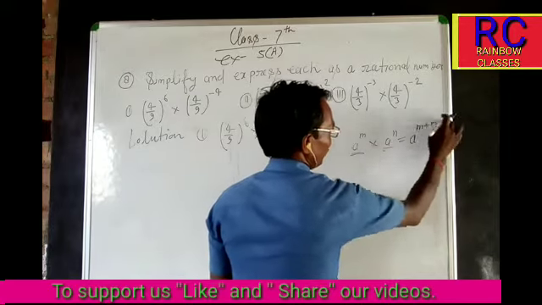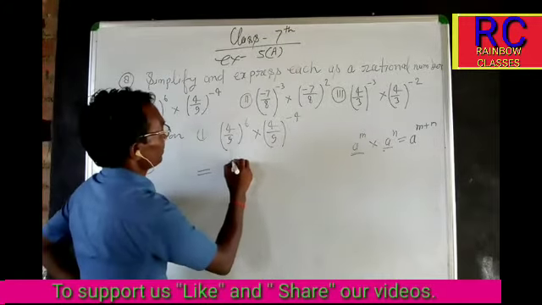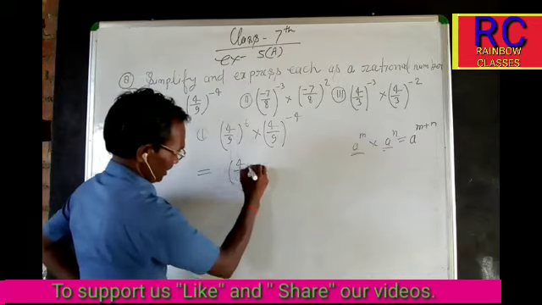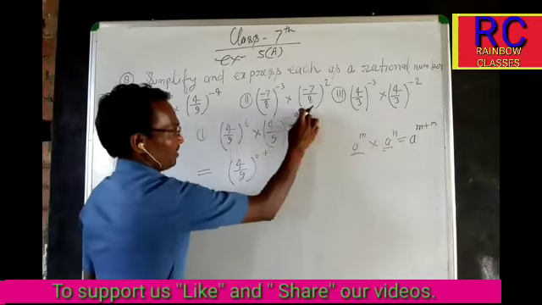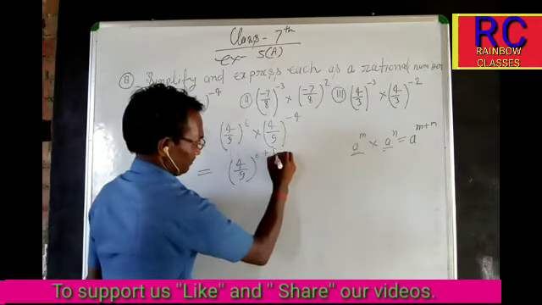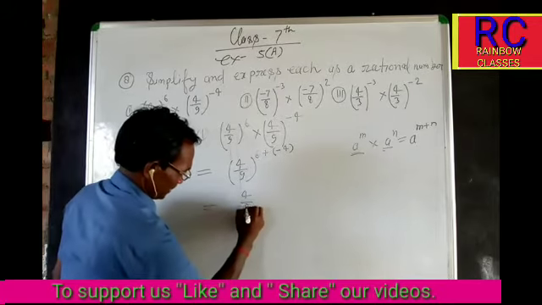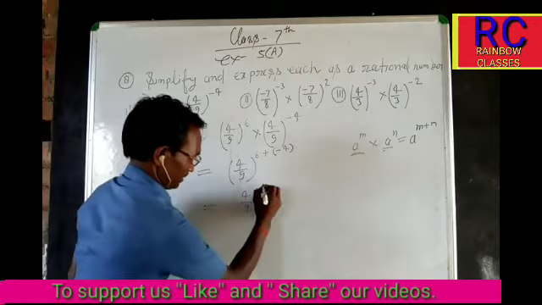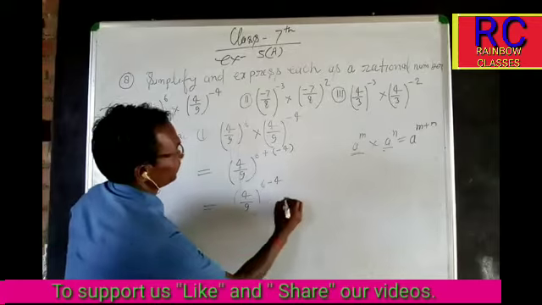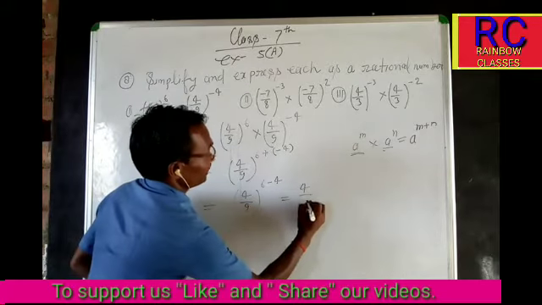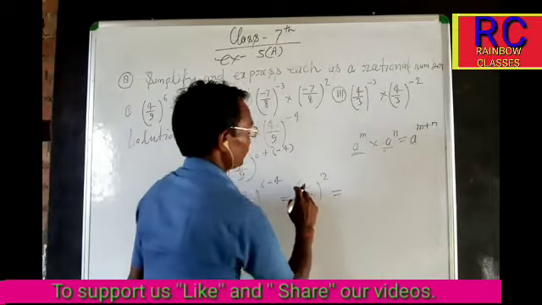Keeping the sign, we add the powers. So 4 by 9 to the power 6 plus minus 4 is equal to 4 by 9 to the power 6 minus 4, which is 2.